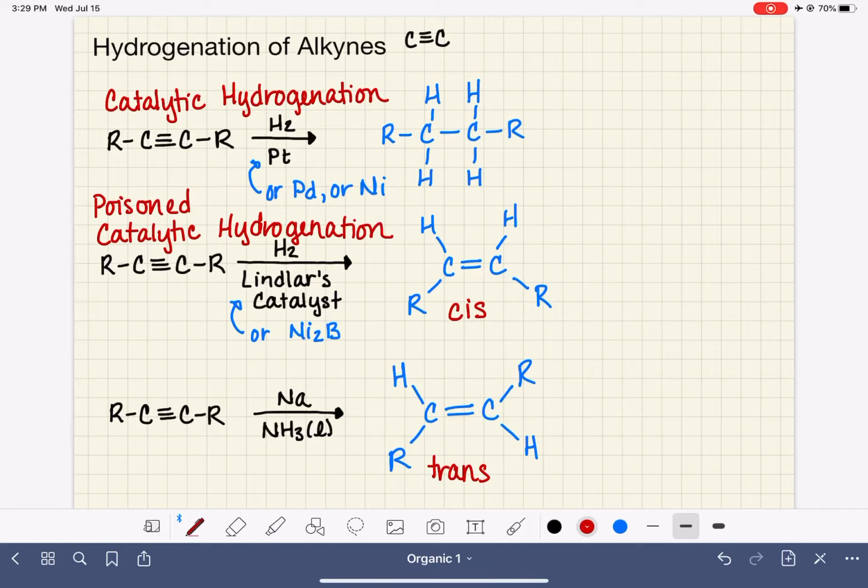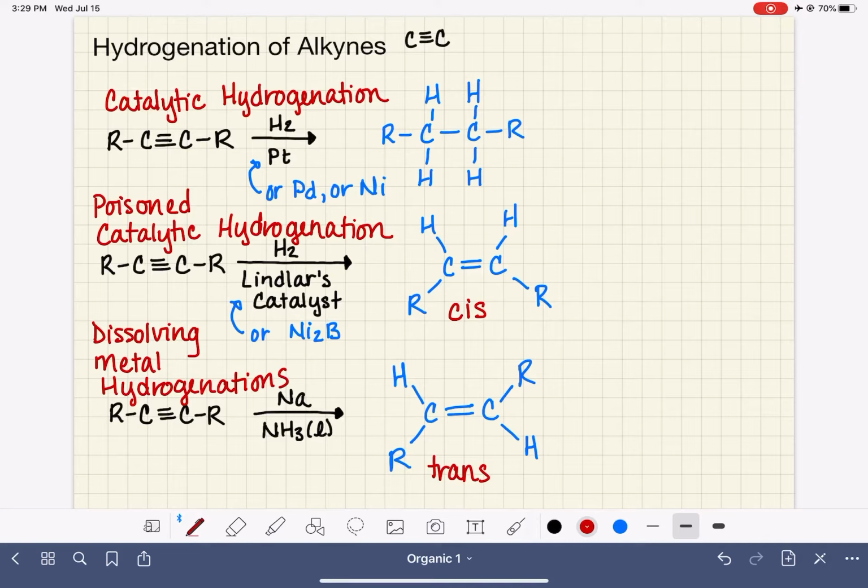And the hydrogenation reaction that gives us a trans alkene is called the dissolving metal, because we're dissolving the metal sodium, dissolving metal hydrogenation.